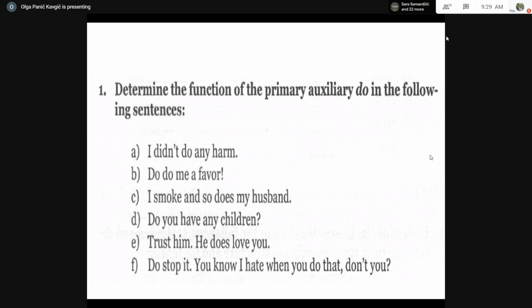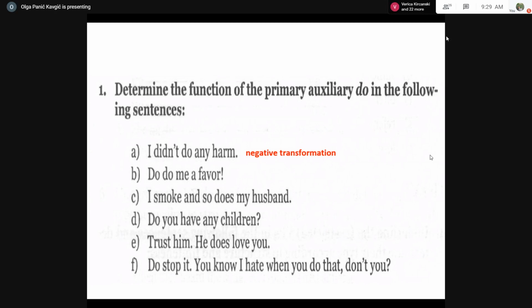They're listed: negative transformation, interrogative transformation, emphasis, question tag, and avoiding the repetition of the predication. It's negative transformation. Good. So it's didn't, this part with did, and it's negative transformation.